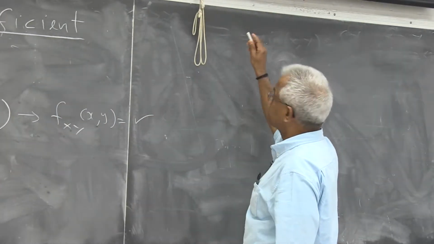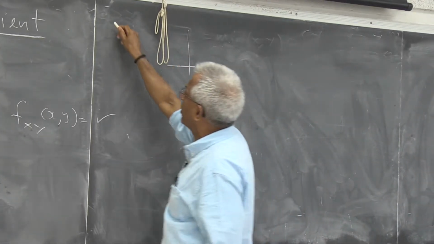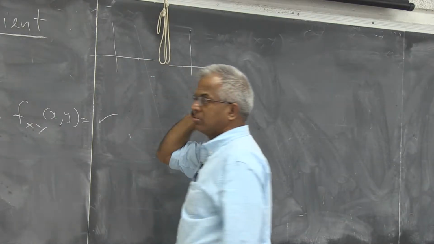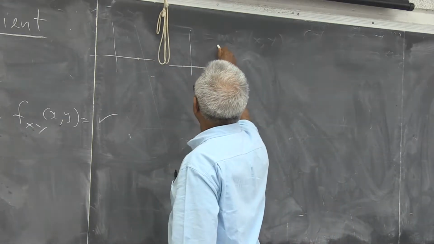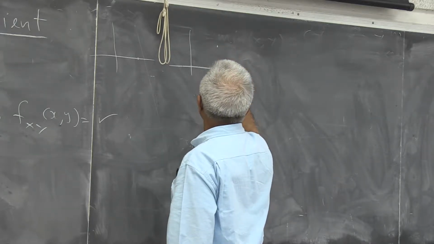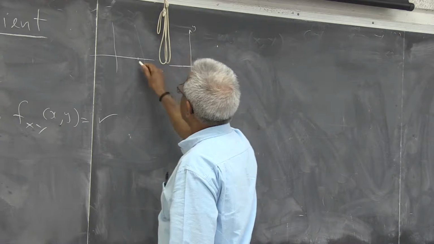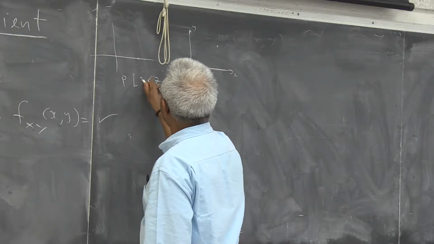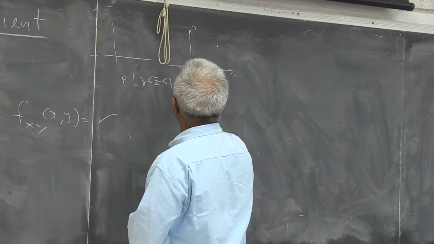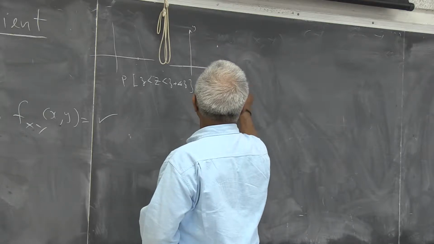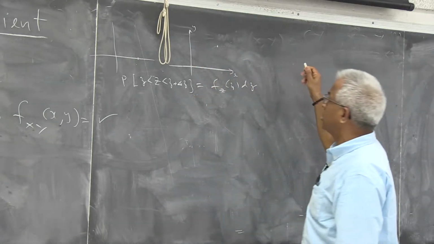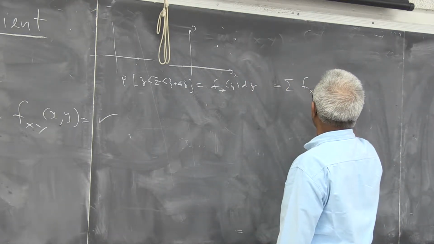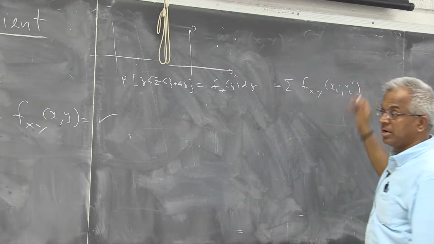So if you take a point z and you have a small variation delta z, z corresponds to some g(x,y) in the xy plane. The probability of random variable z being between z and z plus delta z is f_z(z_i) delta z, and this also, depending on this, you can write in terms of f_xy(x_i, y_i) dx dy.